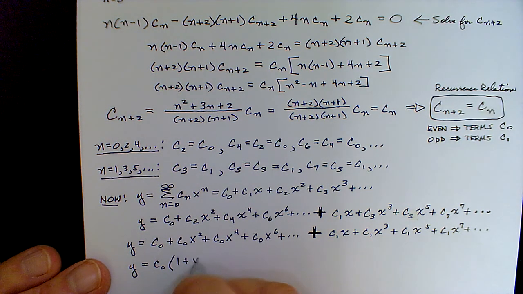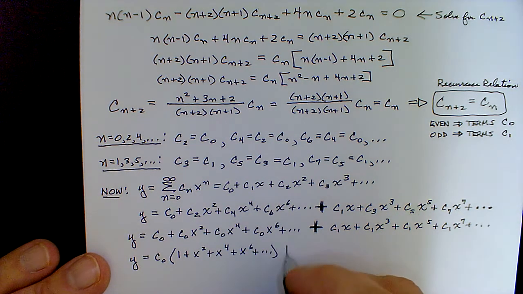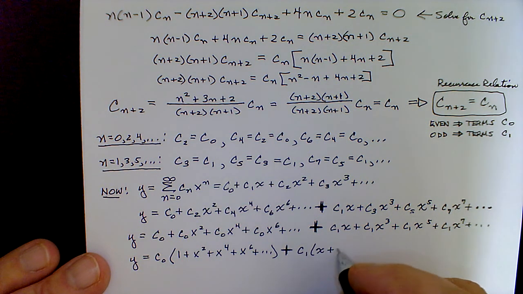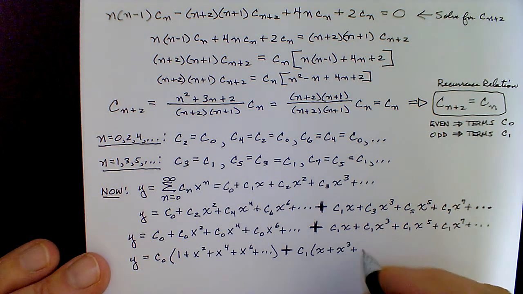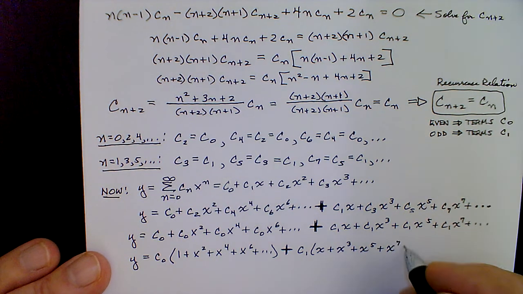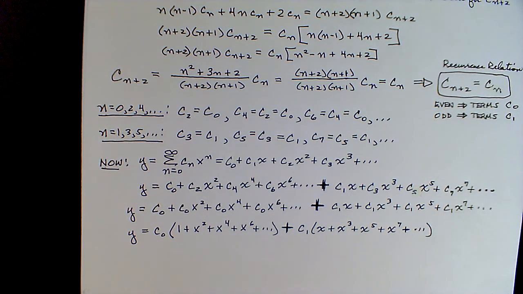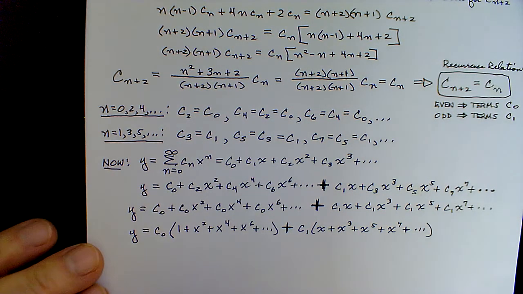We're left with 1 plus x squared plus x to the 4th plus x to the 6th, and so on. Then let's factor out the c sub 1. We're left with x plus x cubed plus x to the 5th plus x to the 7th, and so on. And now we just want to write these as infinite sums.